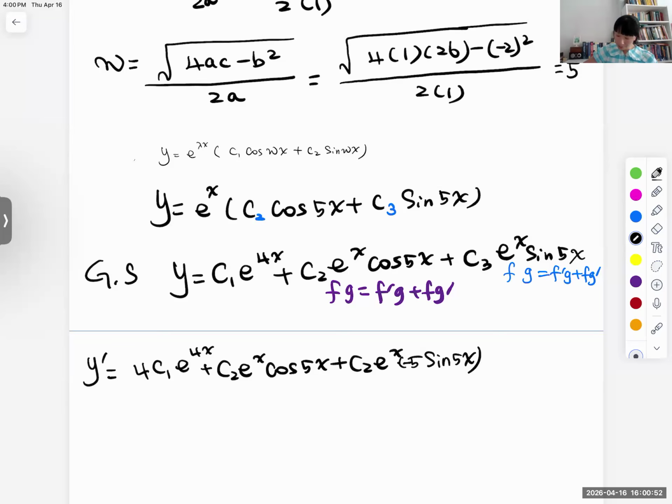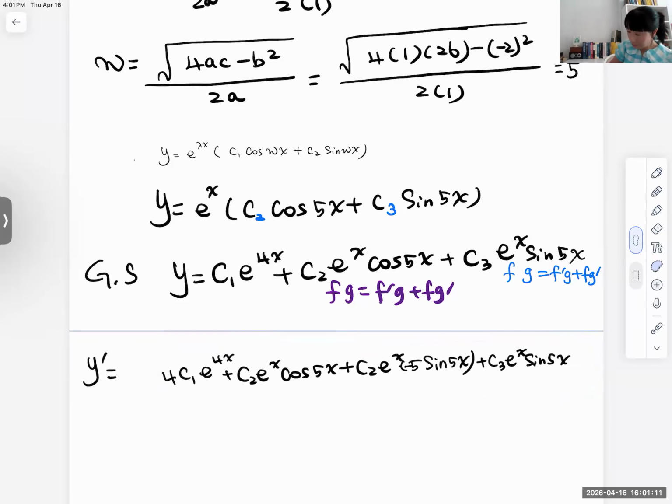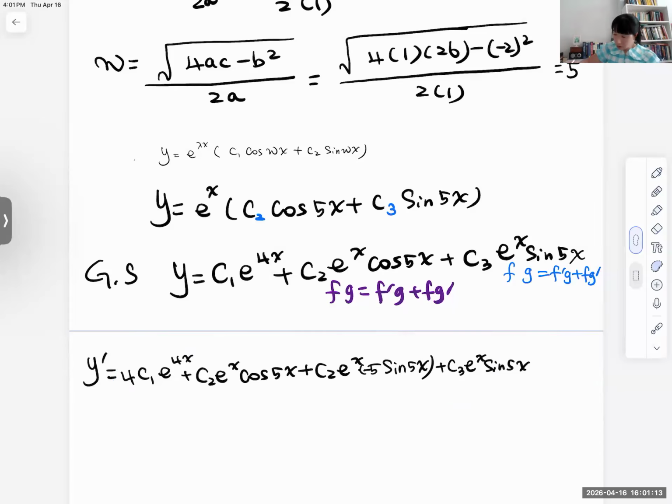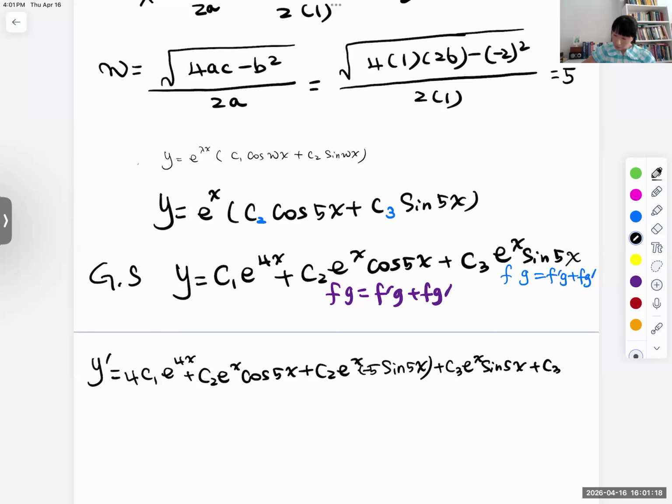Okay, now f prime, so c sub 3 e to the x, g, and let me make a little bit smaller. And f g prime, derivative of sine, cosine 5x and times 5.